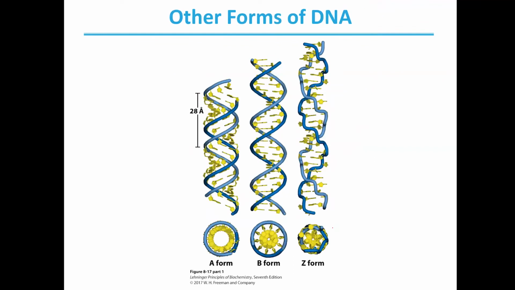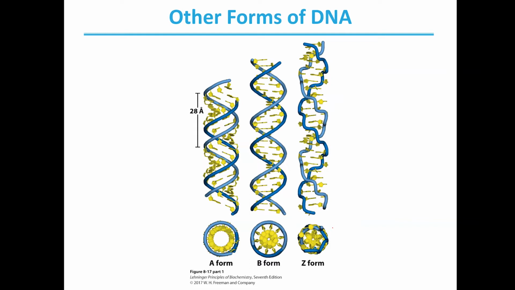Now, I noted that our DNA is B-DNA. There are actually other forms of DNA, other ways that two strands of nucleic acids using deoxyribose can bind together in a helix.